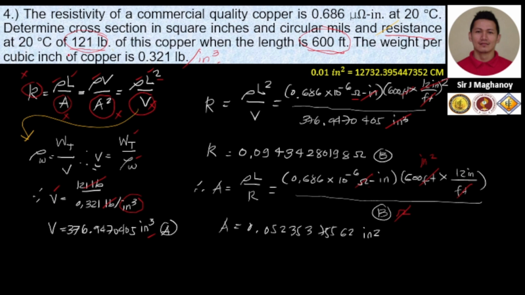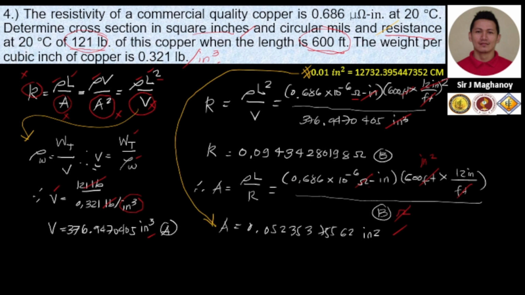Let's review our problem. Cross-sectional area in square inch, so we already have our square inch. But in circular mils also. Here, we use our conversion factor and apply it right away to our answer.